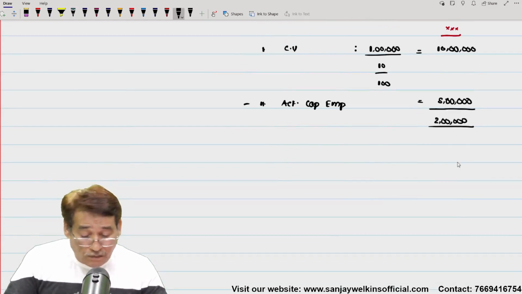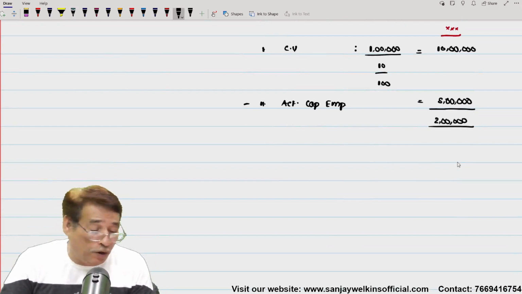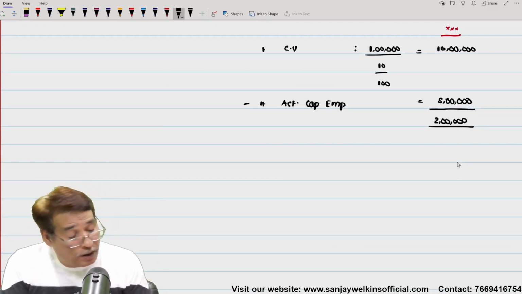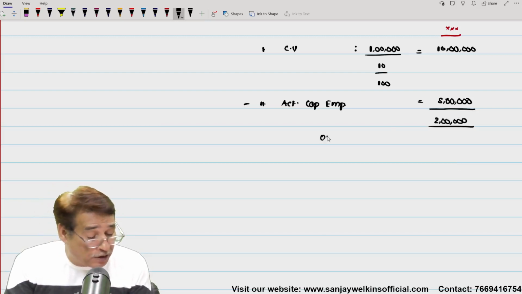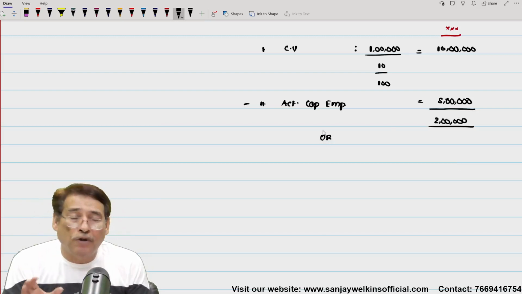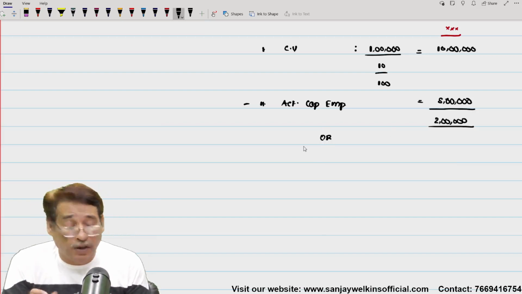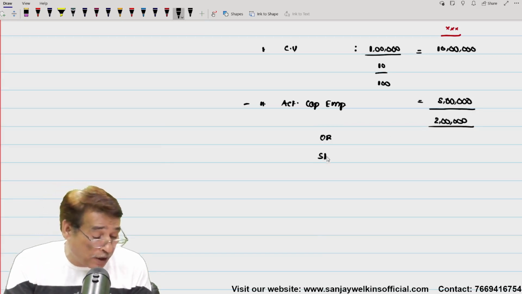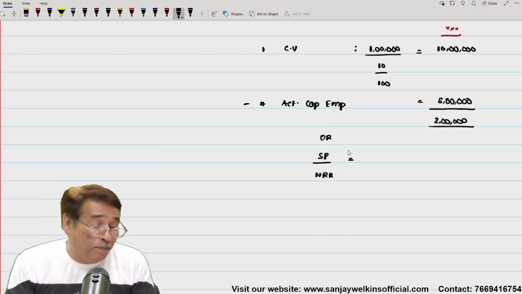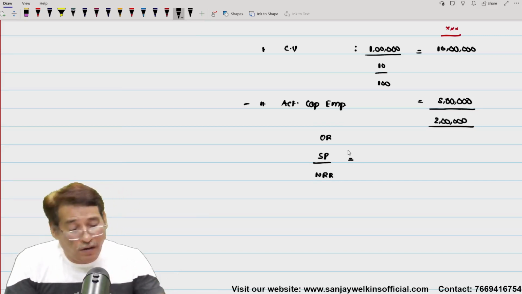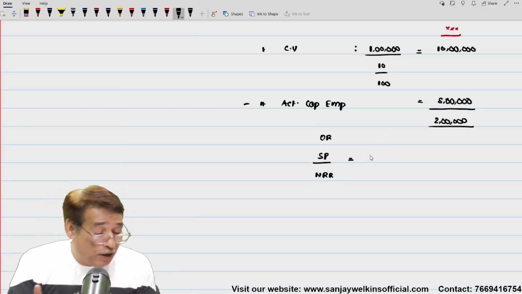Further, let me also explain one important point. Under the capitalization method, you can compute the amount of goodwill in this manner also. Simply you can divide super profits by the normal rate of return. You will get the same answer, because we have already solved this question earlier. So we got the super profits.